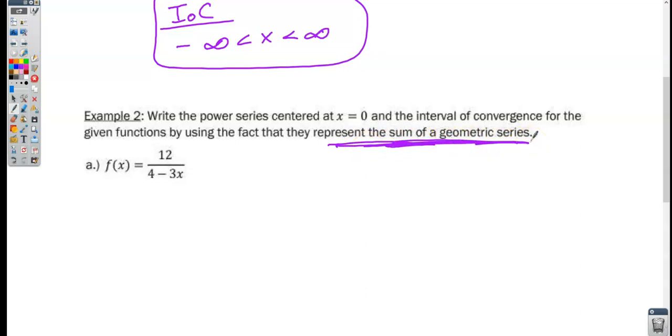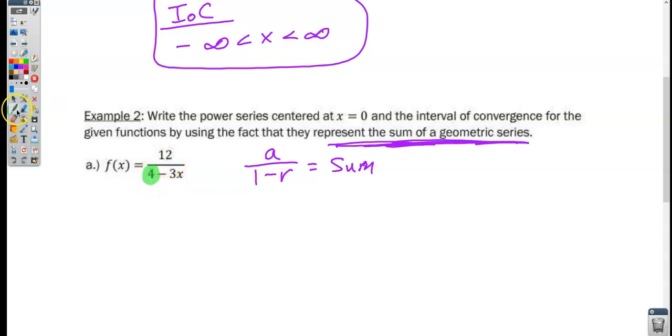But what we want to do in order to write them as the sums of geometric series, we want to be able to write this in the form a over 1 minus r, since a over 1 minus r was always the sum of our geometric series. So we need to figure out how to write this in the form a over 1 minus r. Well, the first thing I'm going to do is look at the constant in the denominator. That's 4.